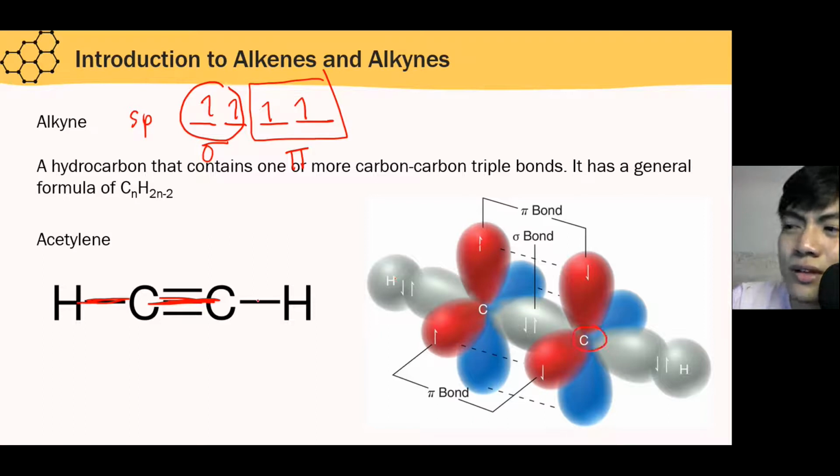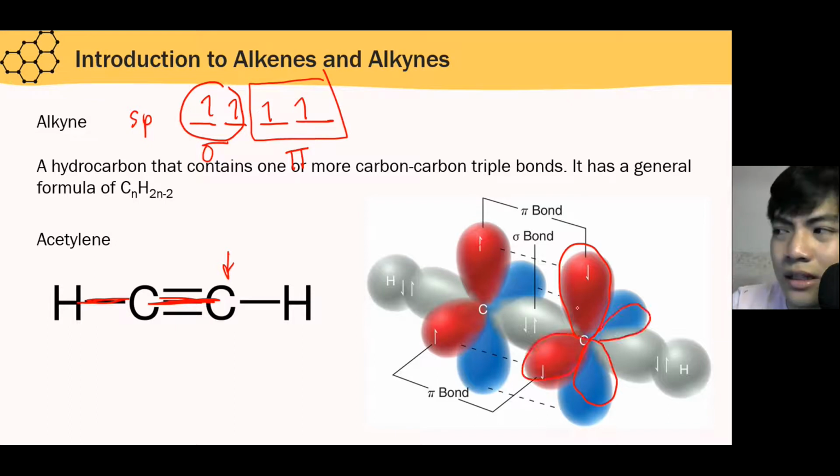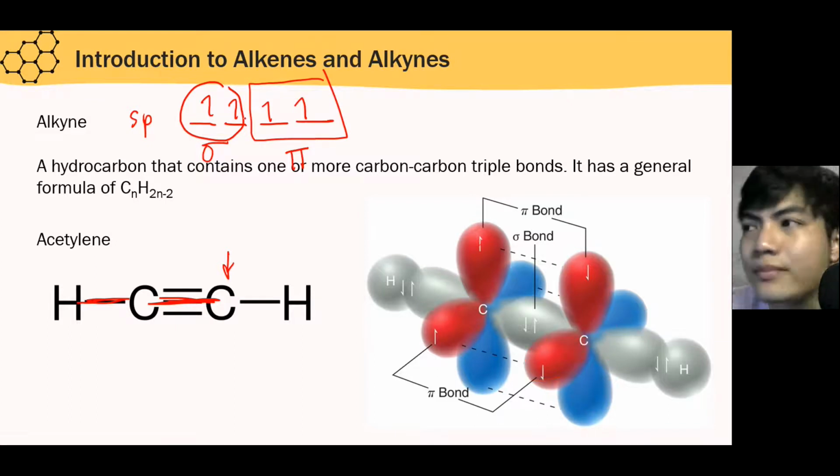This carbon also is sp hybridized, meaning it is bonded to just two different atoms. So it used two of the four electrons as sigma bonds, and the other two unused electrons will be used as the pi electrons. Since we have two pi electrons, we will have two dumbbells as well. May dalawang dumbbell ulit tayo.